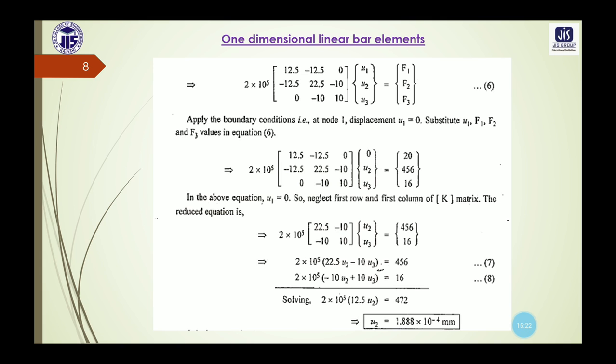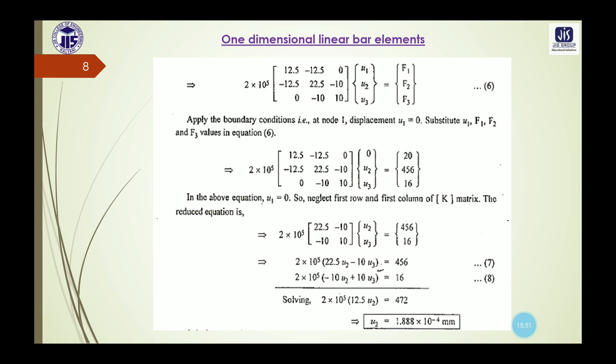It means 2 into 10 to the power 5 multiplied by a 2 by 2 matrix, then multiplied by u2 and u3, this column matrix. This is equal to the column matrix of 456 and 16. From this matrix equation we can do the matrix multiplication, and we will get the equation number 7 and 8 here.